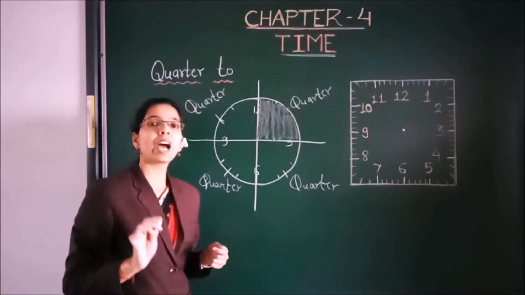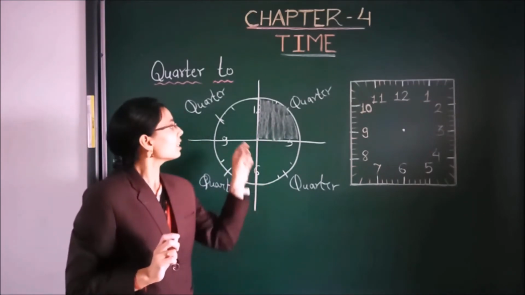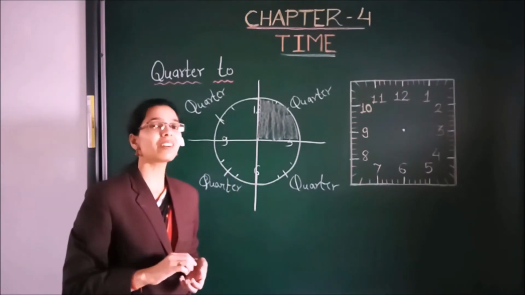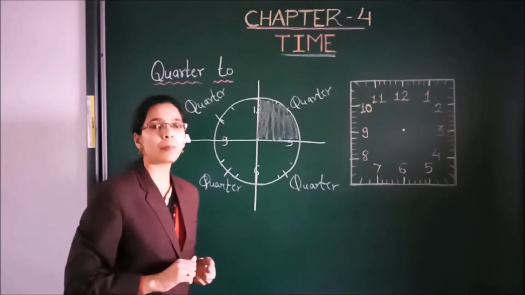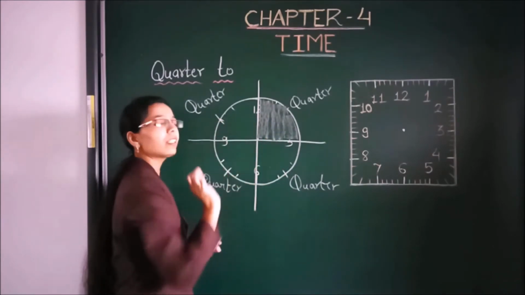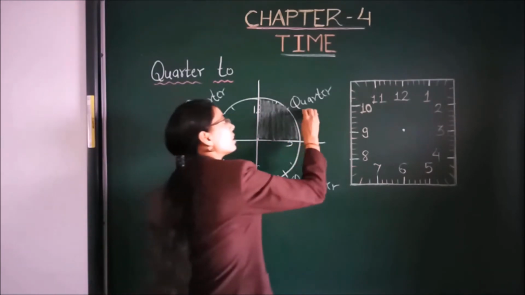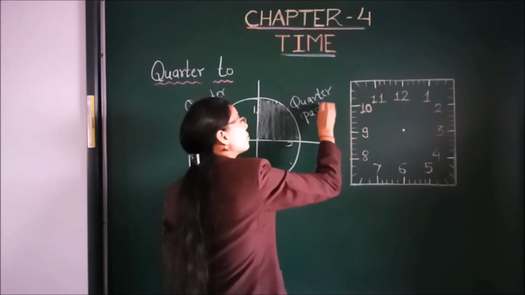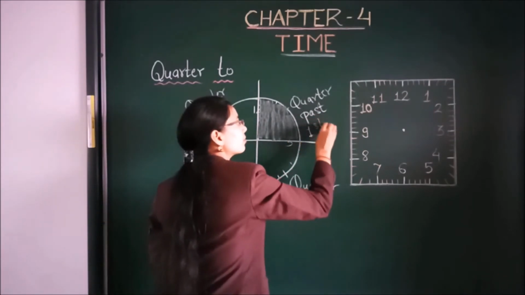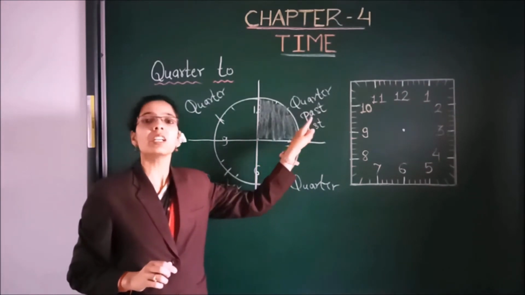And we have already learned what we call this first quarter: quarter past. We have to use this first quarter for quarter past. When we divide this clock into 4 equal parts, each part is called a quarter.